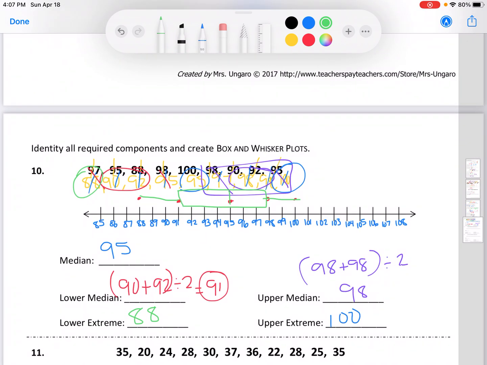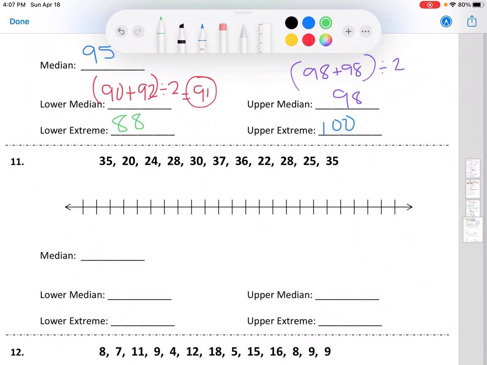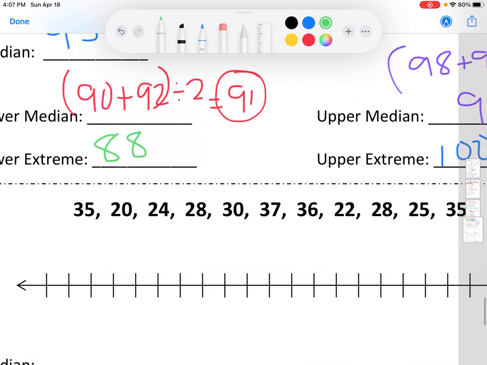Alright, last one, same deal. I have to put the numbers in order from least to greatest.